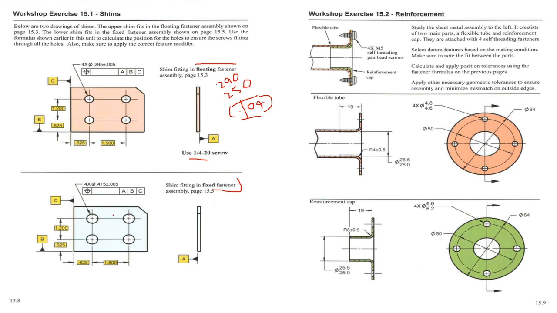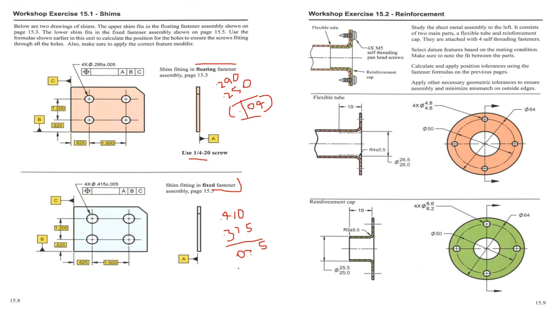And here for the next question, the MMC of the hole is 0.410. The MMC of the fastener, which is given in this drawing, is 0.375, and it gives us a size of 0.035.